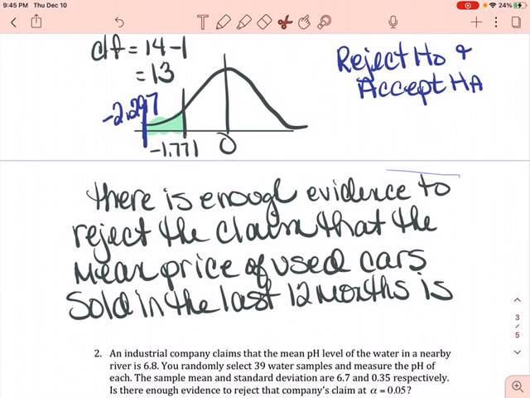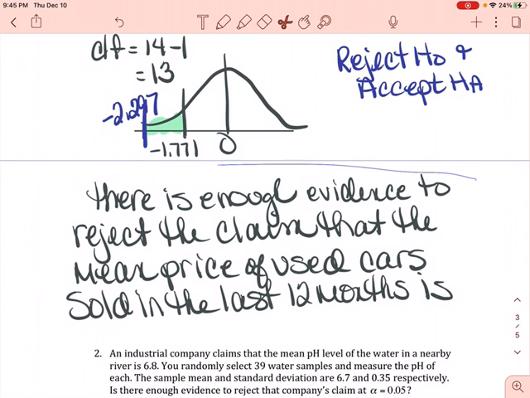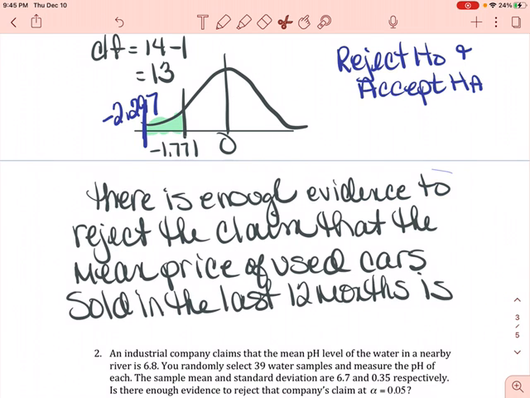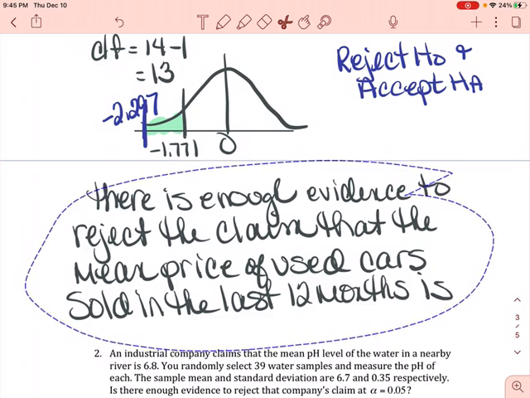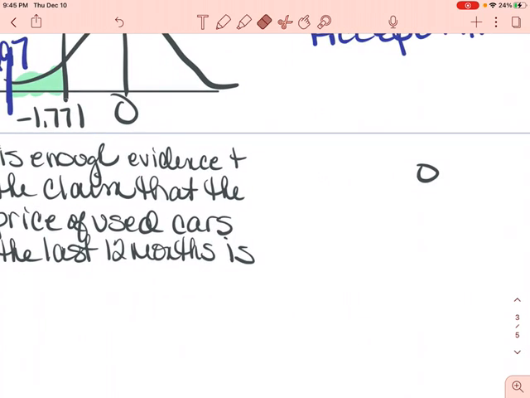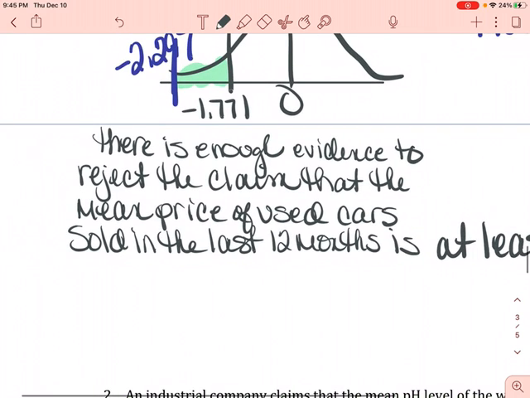Wow, I wrote really big there. Let's try that one more time. So we're going to be able to have a type 1 error here.